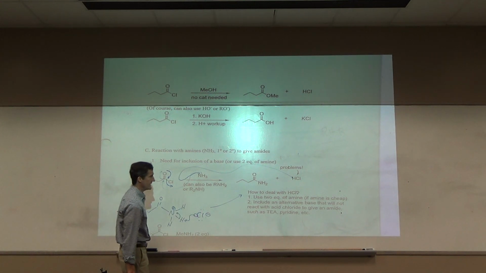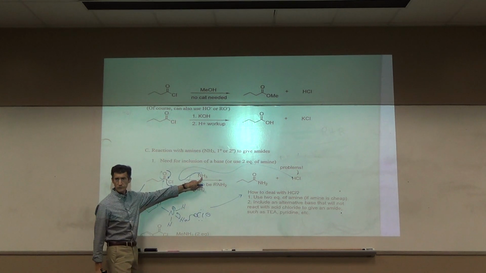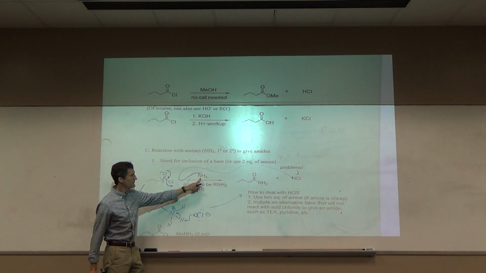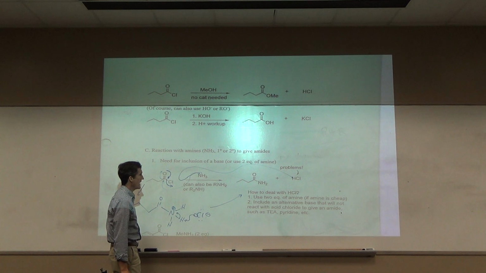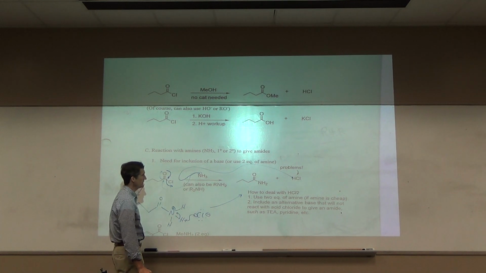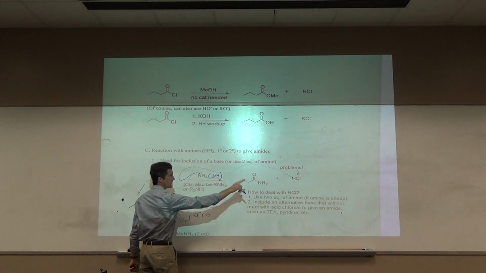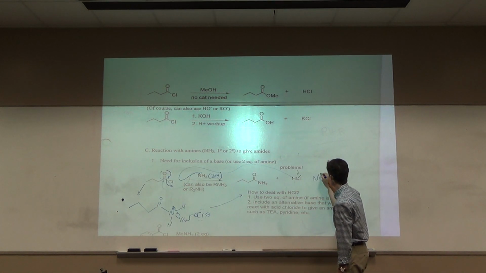How can we deal with the acid? We can use two equivalents of amine. Use two equivalents of ammonia, one to fully react with this, and one to fully react with that. If we use two equivalents of ammonia, what are we going to generate over here? Not HCl, but ammonium chloride.